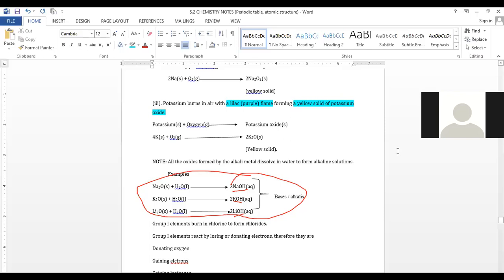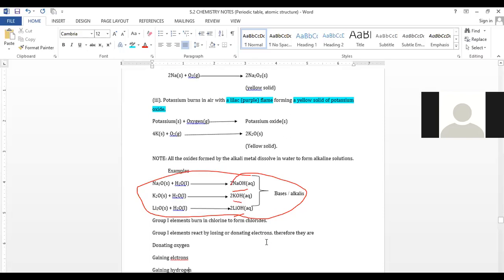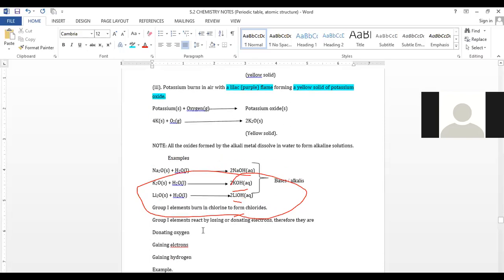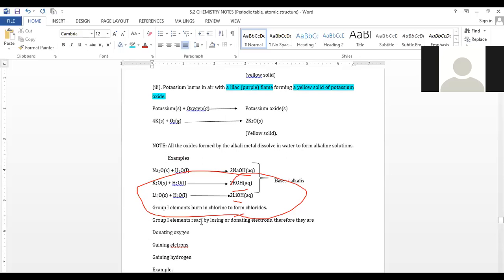So there are elements that donate oxygen, that gain electrons, that gain hydrogen. All these three are called oxidizing.